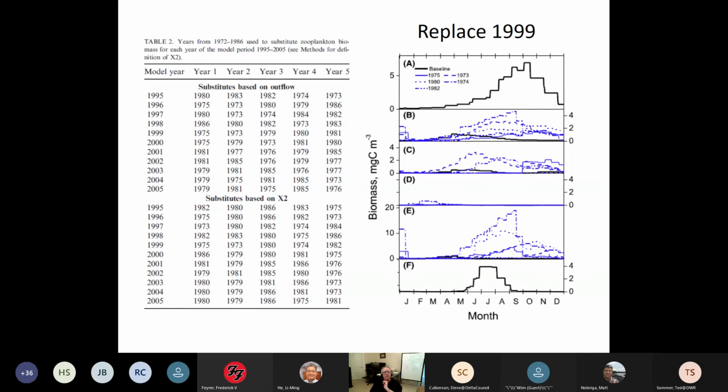So we would use the zooplankton from those early years and hope that it's somewhat consistent with everything else in the model, salinity and all that. We're not changing those. So we did it by looking at X2, and we did it by looking at outflow, and then took the best 5 matches. And so we did like a sum of squares for that year's outflow and 1999.